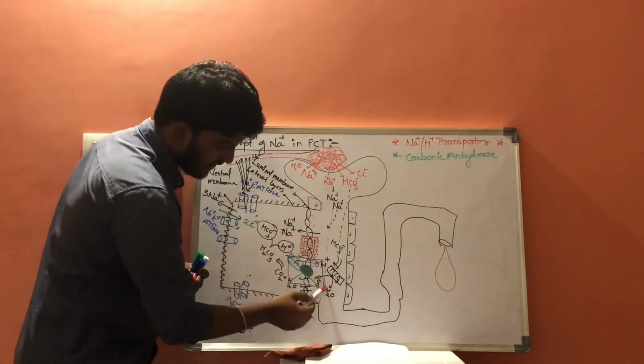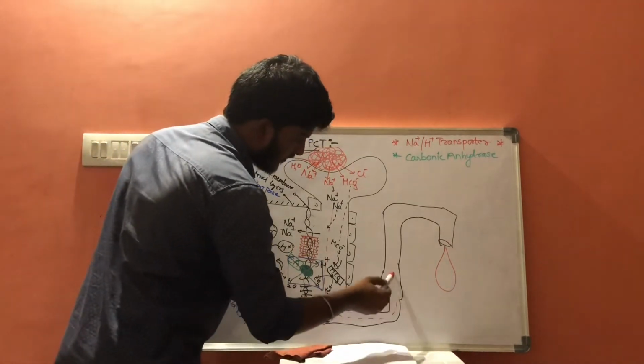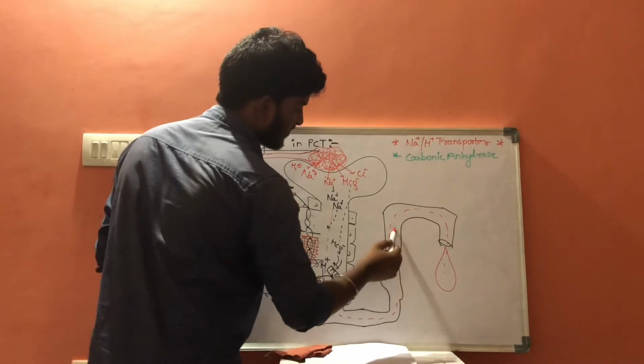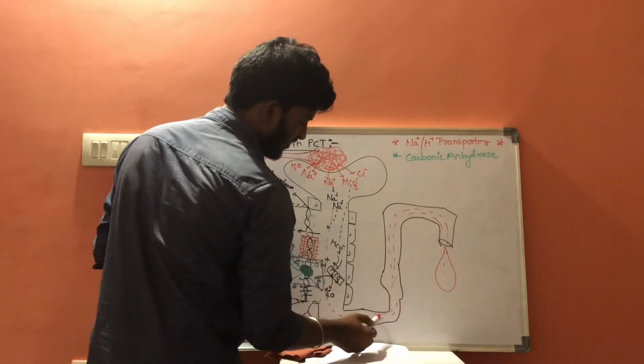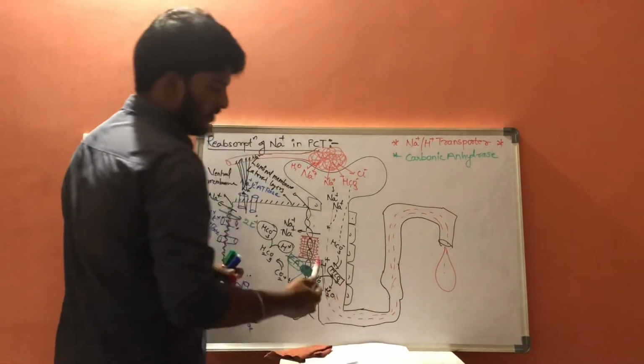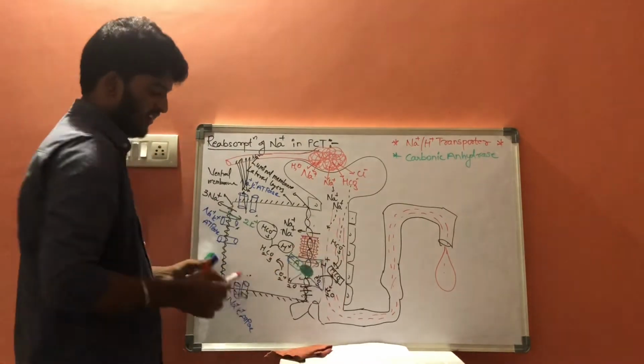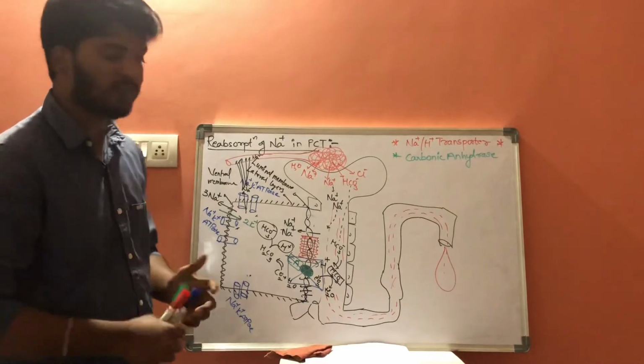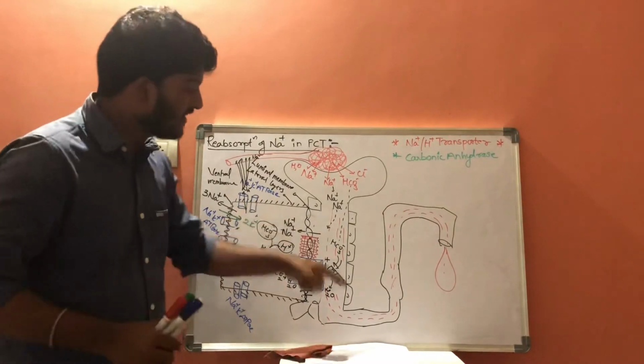As a result, they move along in this manner and increase the sodium concentration within the urine. These are called natriuretics, a group of drugs which increase the concentration of sodium ions within the urine.